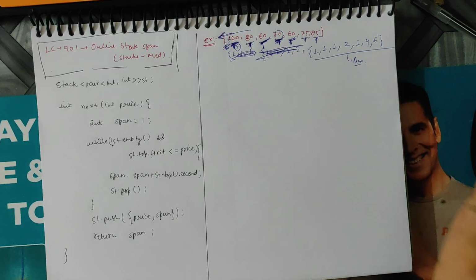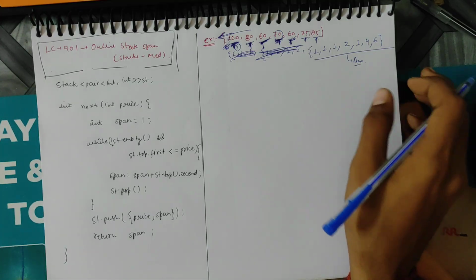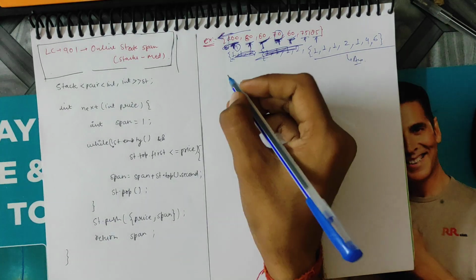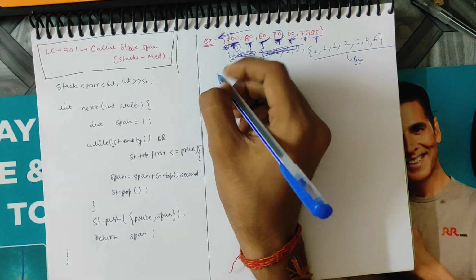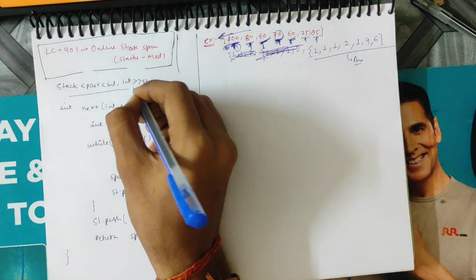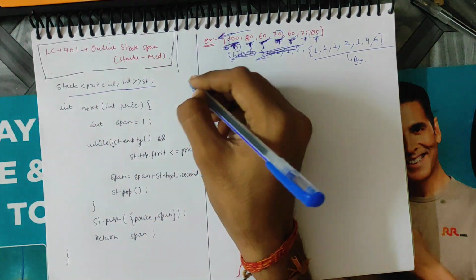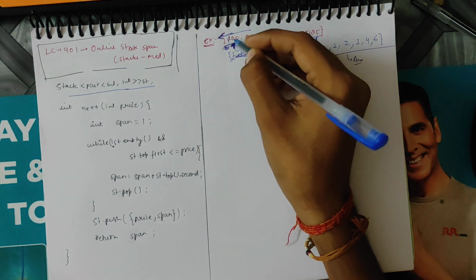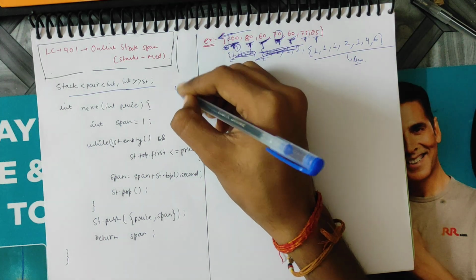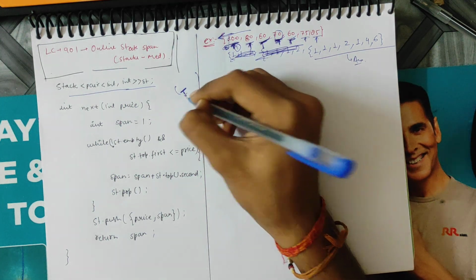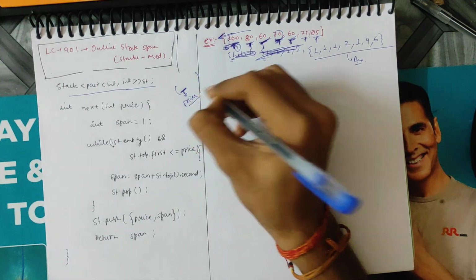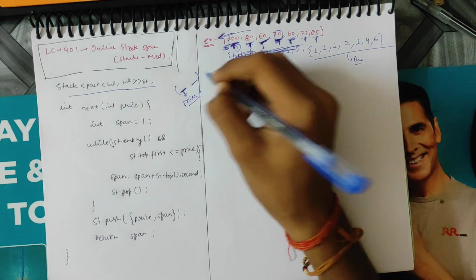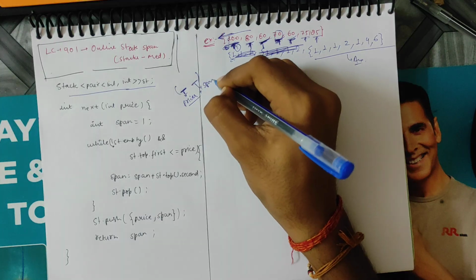But how will we do it? We'll be using a stack. We declare a stack of pairs, where the first value will be the price of each day, and the second value will be its span.